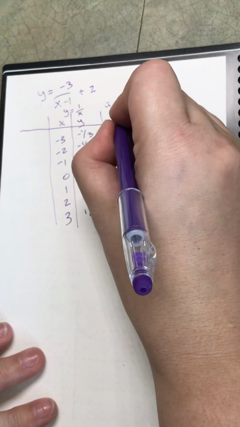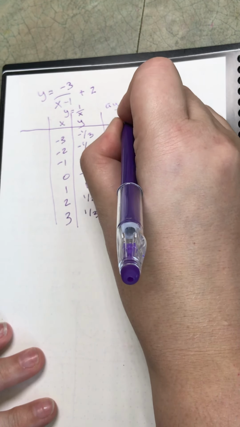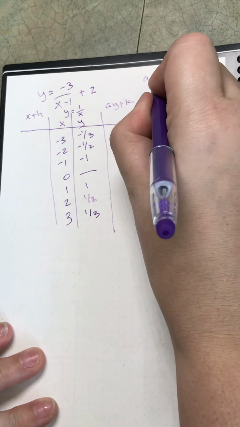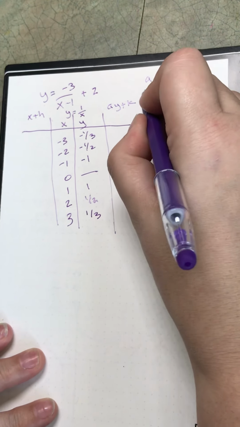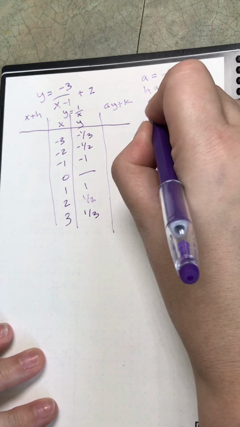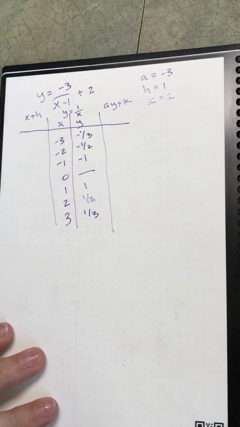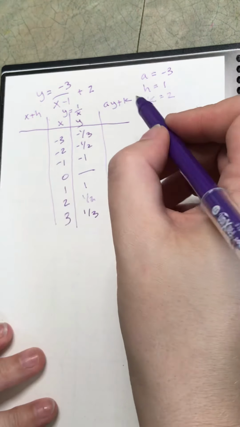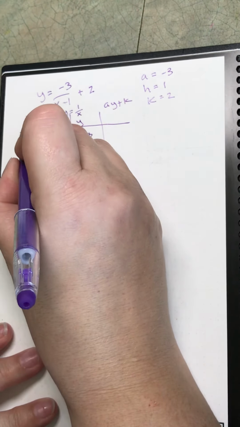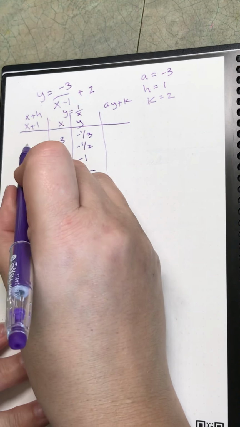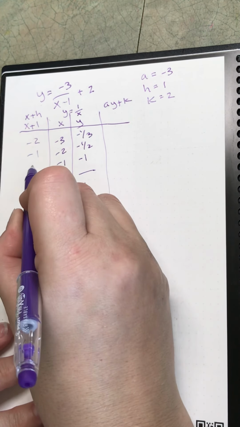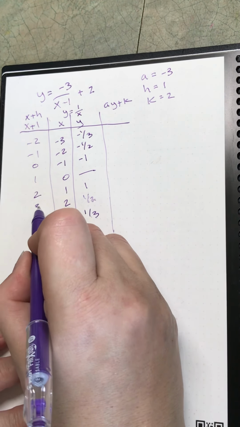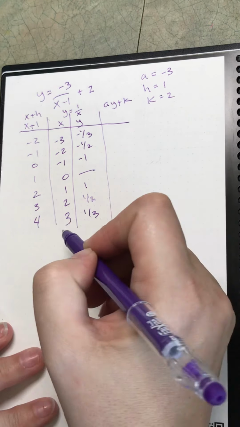This is always ay plus k. This is always x plus h. We already said a is negative 3, h is positive 1, and k is 2. So here I'm just going to take all of my x values and add 1. So negative 2, negative 1, 0, 1, 2, 3, 4.